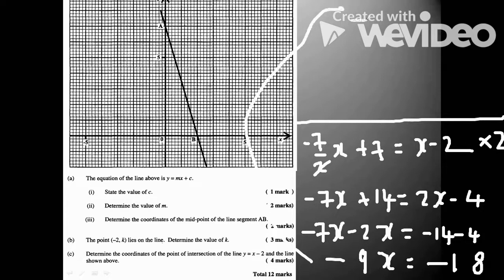Right, so we have negative 9x equals negative 18. So we'll divide everything by negative 9. So that cancels out, and x is equal to 2.